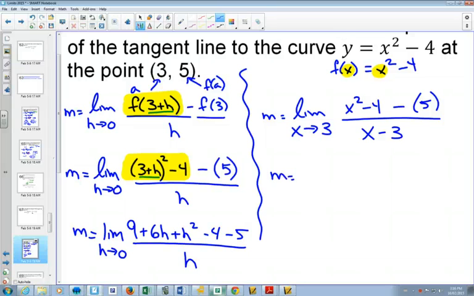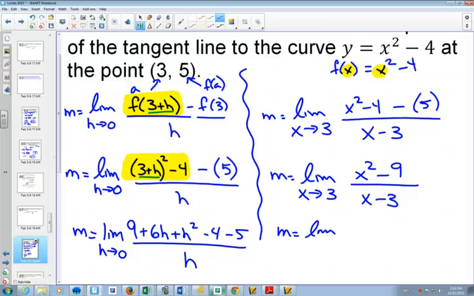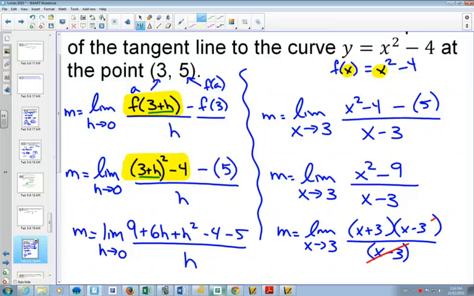We get, now you can apply the limit, you get 6 as well.